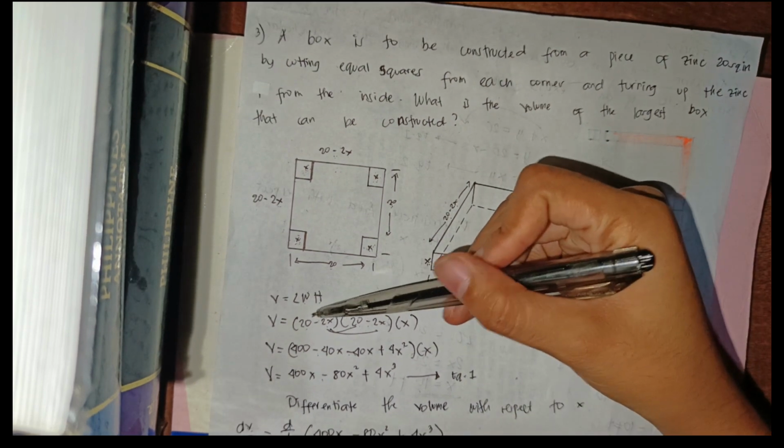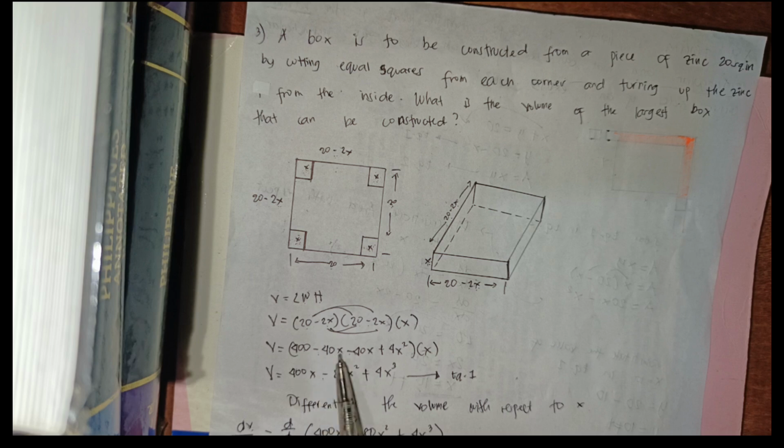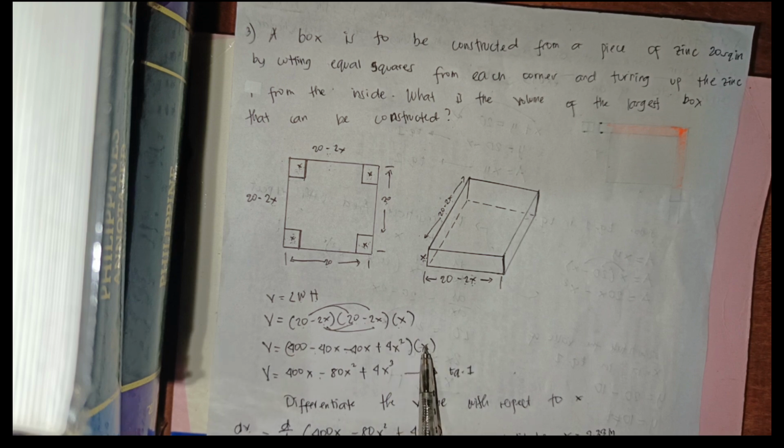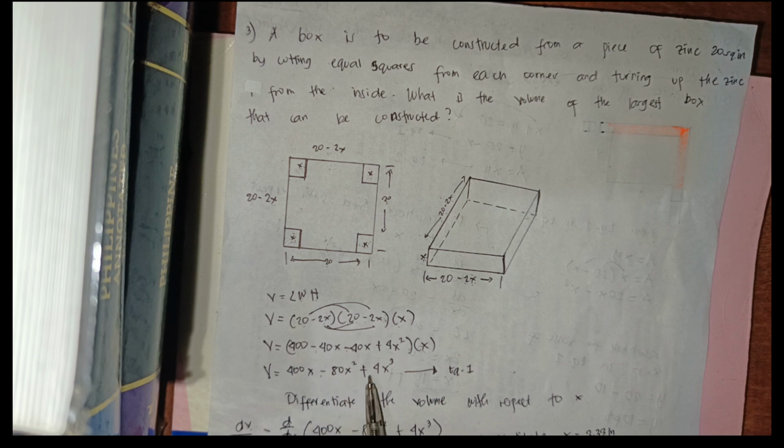So we multiply: 400 minus 40x minus 40x plus 4x squared, times x. Distributing x, we get 400x minus 80x squared plus 4x cubed. So that is our first equation.